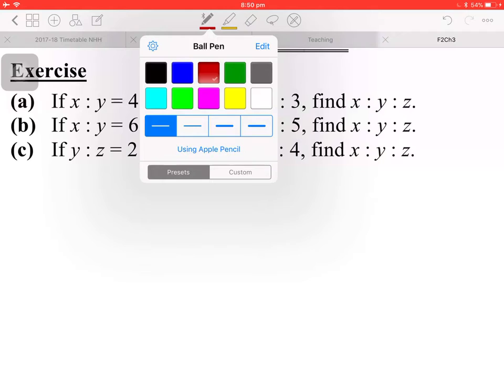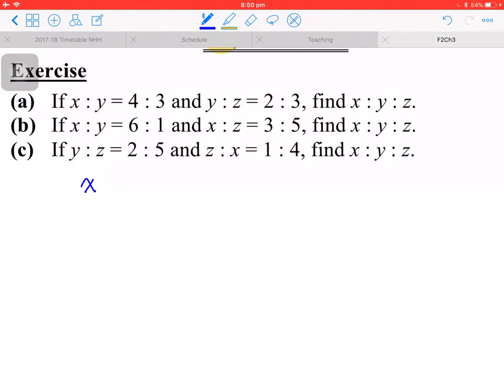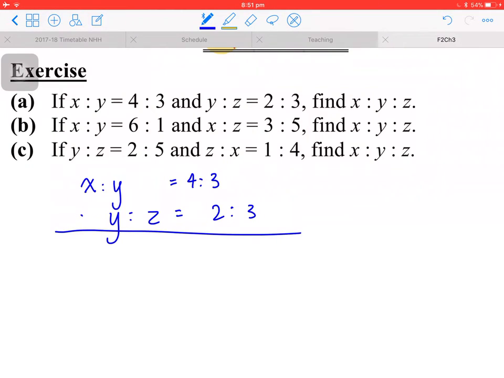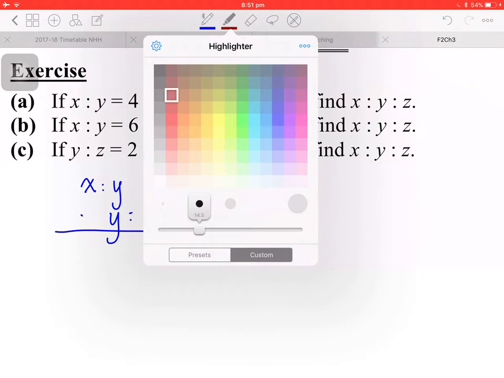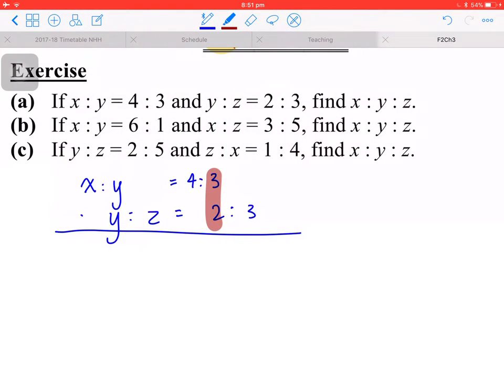So for this one, just have a habit of doing it like this. Put down what is given, and then y to z to be 2 to 3. This time you can see what is in common will be here. You have to find the numbers, and then find the LCM of the numbers. So for 2 and 3, the LCM will be 6.